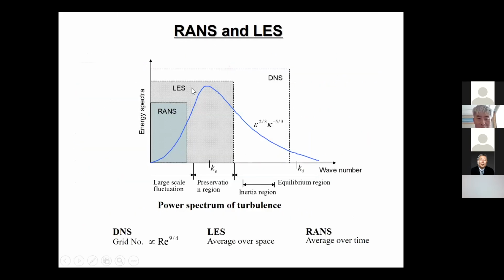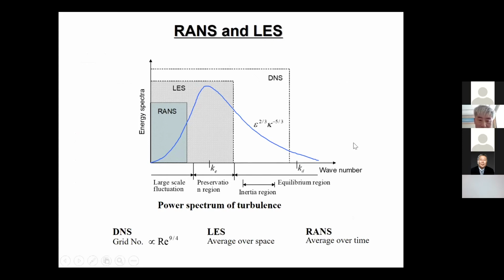Here is just a description of the difference between LES and RANS, and where the errors come from. The X axis is the wave number and the Y axis is the energy spectrum. For DNS, we have to solve the whole range of the spectrum.